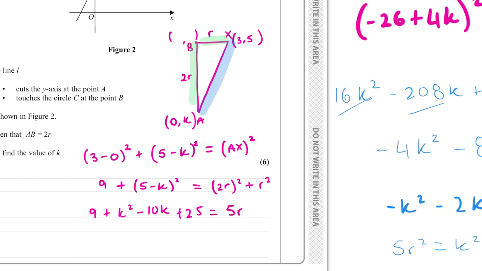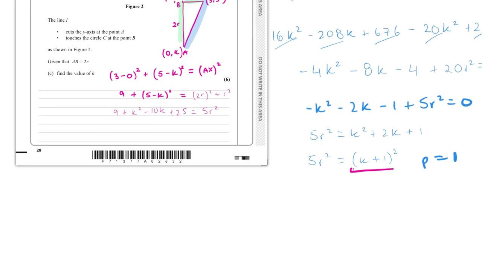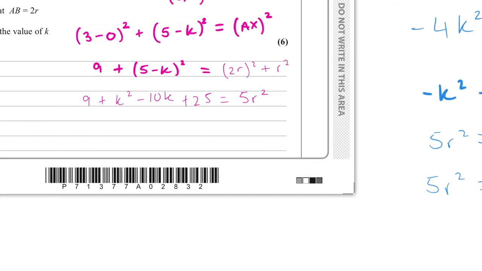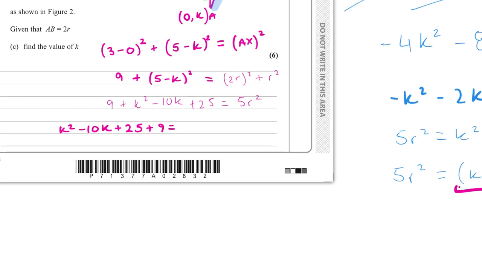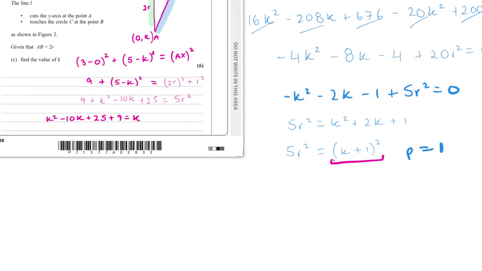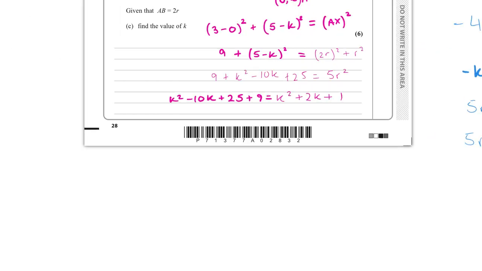What do we get? 5r squared. What is 5r squared? Yeah, they told us earlier, didn't they? That it equals k plus 1 squared. So they've been a bit sneaky, haven't they? So now I get k squared minus 10k plus 25 plus 9 equals k squared plus 2k plus 1. Because, remember, we know what 5r squared is.